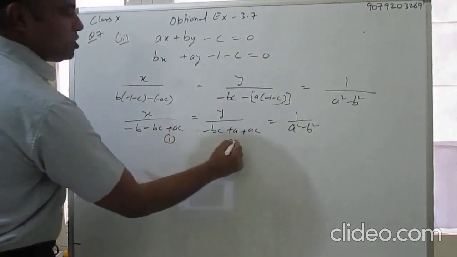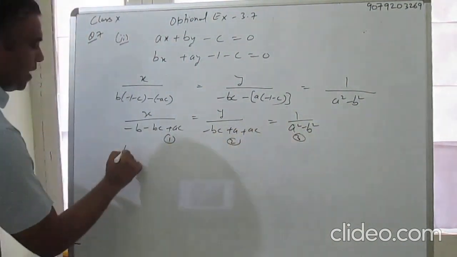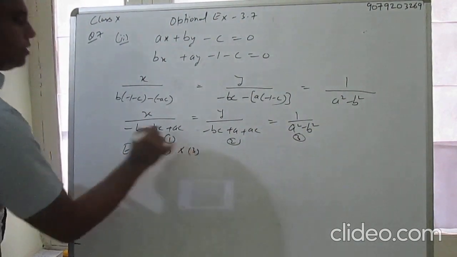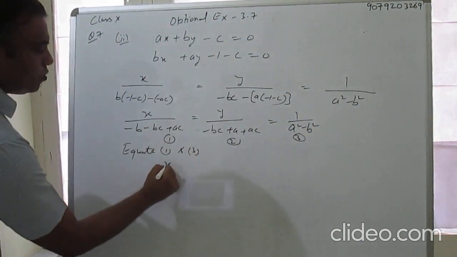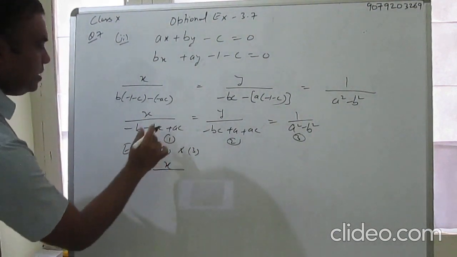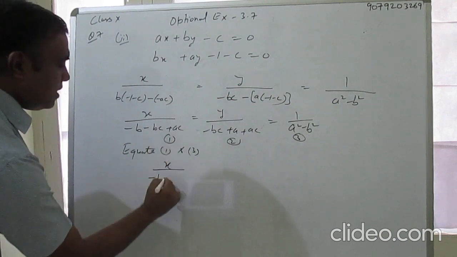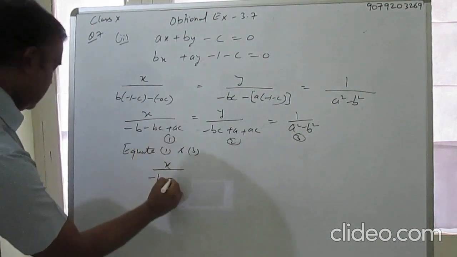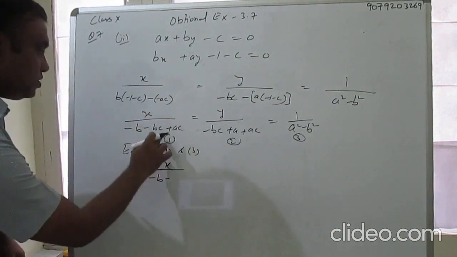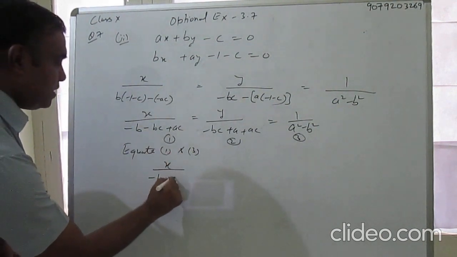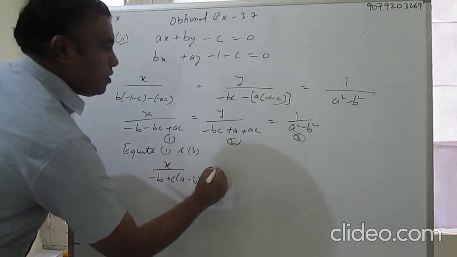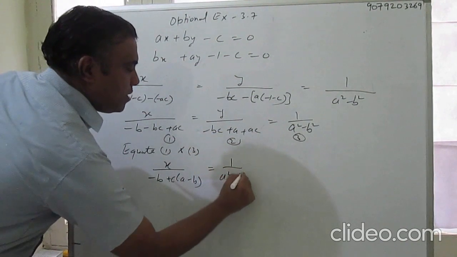This is 1, this is 2, this is 3. Equate 1 and 3. Now x is equal to, cross multiply, take c common from here: minus c, take plus c common, it becomes a minus b is equal to 1 upon a square minus b square.